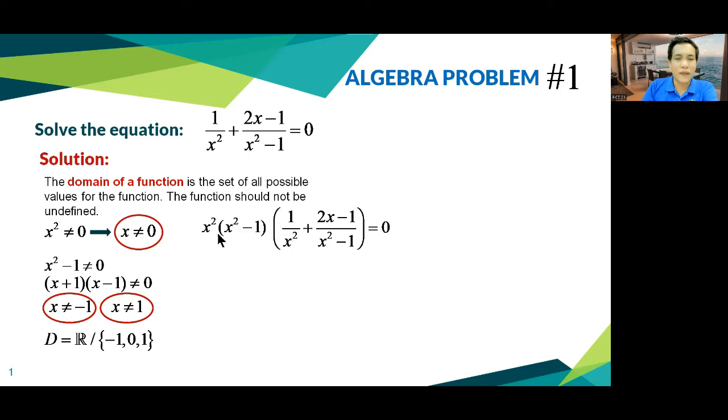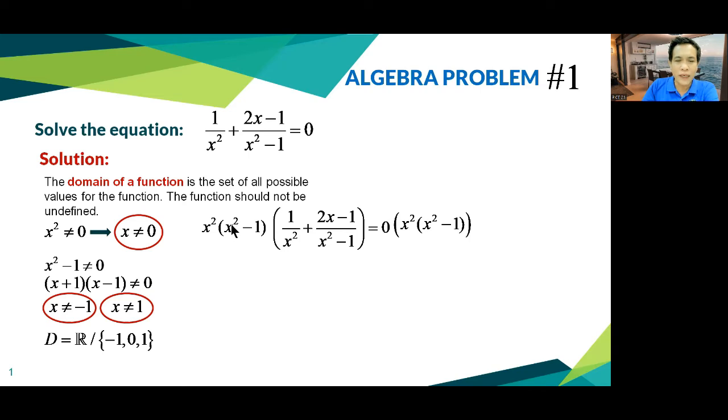So we have x squared times quantity x squared minus 1. And of course, we will multiply 0 by the LCD, which is x squared times x squared minus 1. Then perform the operation. Actually, we can cancel x squared and x squared.